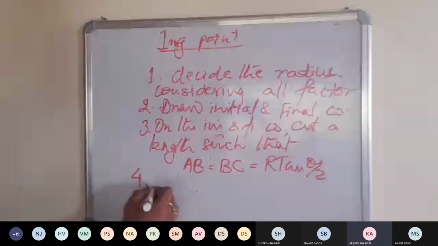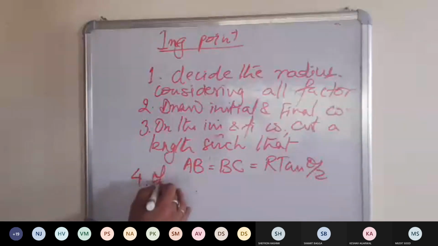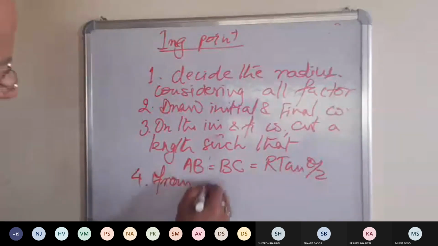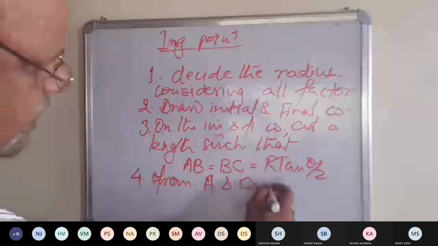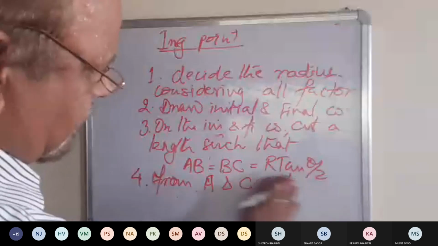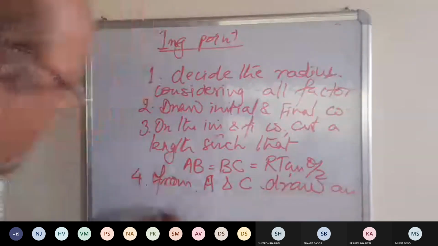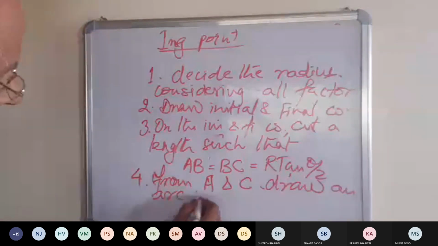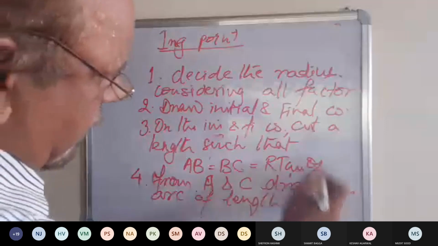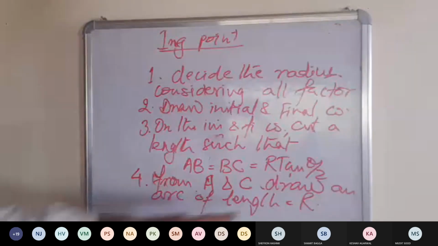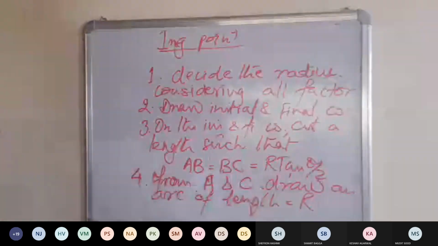So next one is on from A and C draw an arc of length is equal to R. ये इंटरसेक्शन पॉइंट मिल गया. दो जगह से R हम कट करेंगे तो इंटरसेक्शन पॉइंट मिल गया.